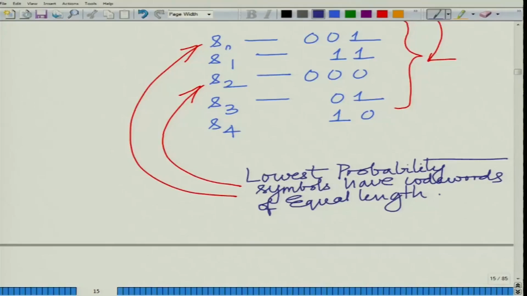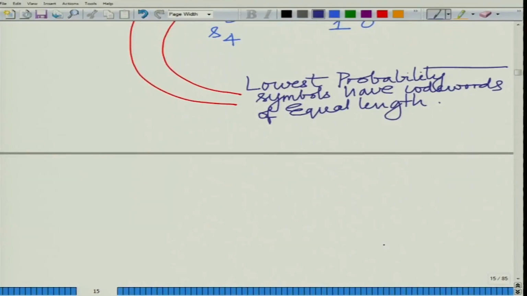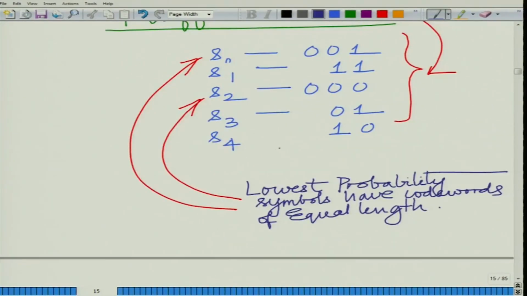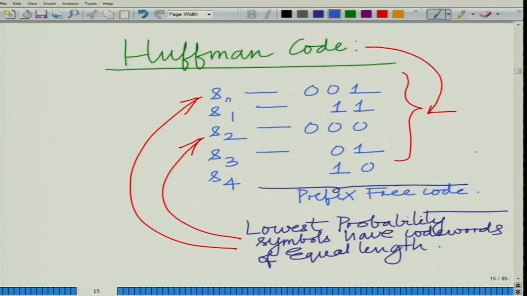And now what we are going to do is compute the average code length for this Huffman code word. Now before that, let us first verify that this is a prefix free code, and we know how to verify that. So let us check that this is a prefix free code.